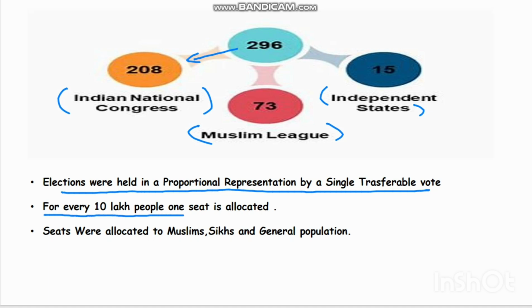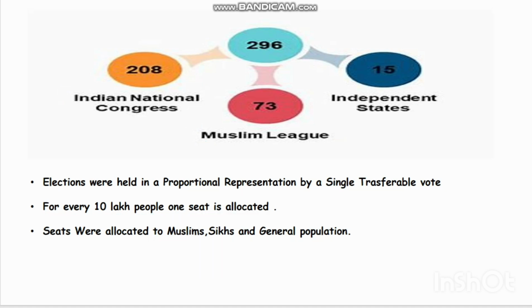For every 10 lakh people, one seat is allocated, and seats were allocated to communities like Muslims, Sikhs, and the general population. And we can observe that the members of the 93 seats given to princely states were elected on the opinion of the king ruling that particular state.